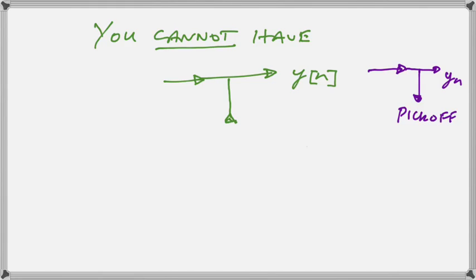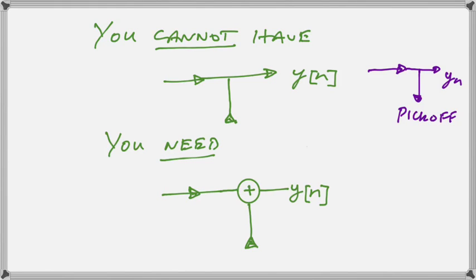But what I'm telling you is we cannot combine two signals without some sort of device to mix them. So we must have the summing block between the two incoming signals that we are hoping to output.